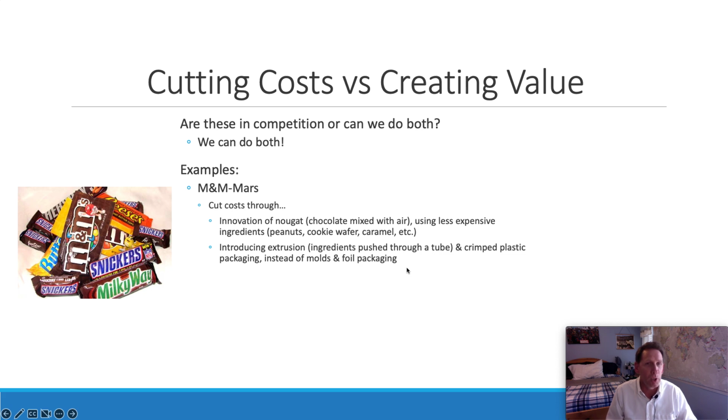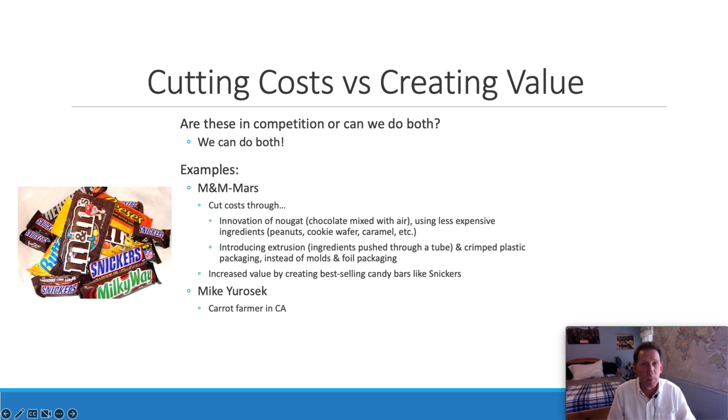This is where you push the ingredients through a tube and crimp the plastic packaging instead of the typical candy making process where you use molds and foil packaging. So they increased their value by doing these things. They increased value by creating some of the best-selling candy bars like Snickers and Milky Way and some of the others as well.